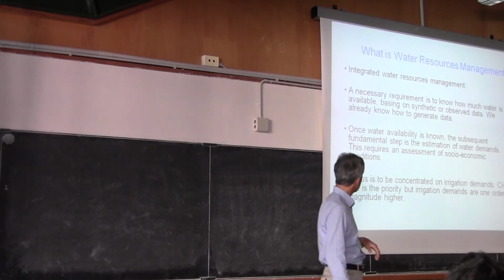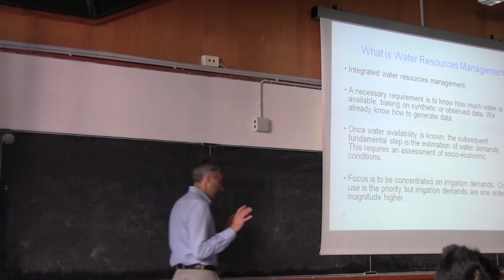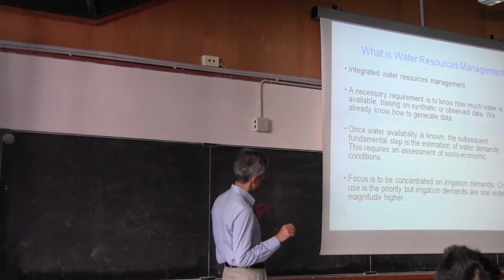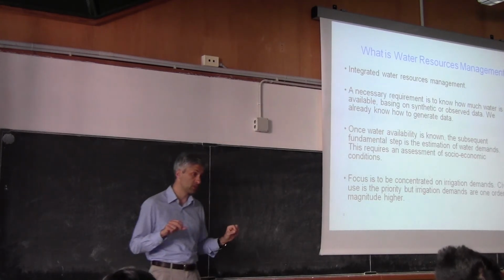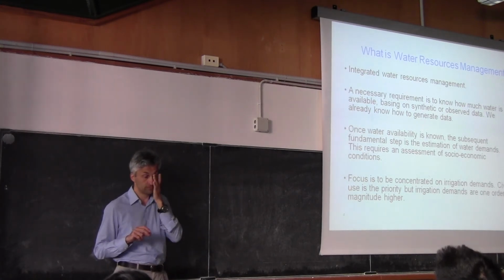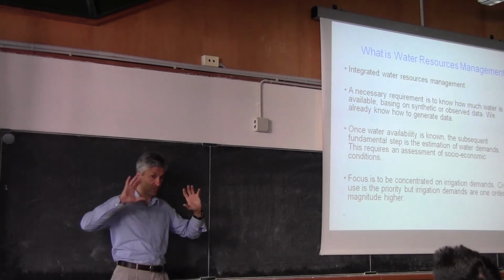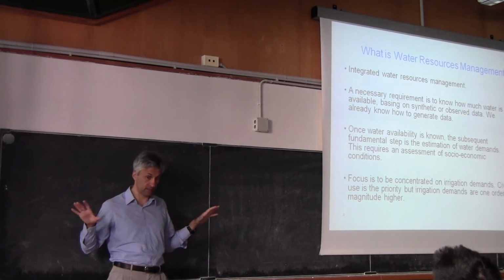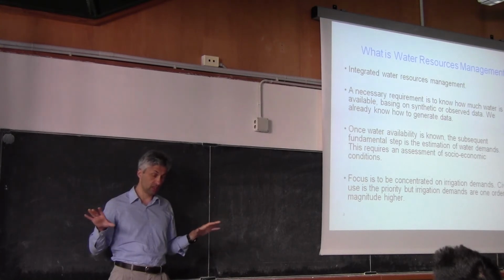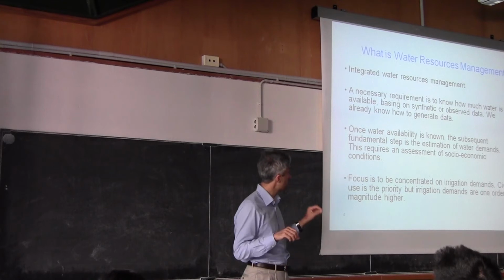Now, what is water resources management? From a technical point of view, let's say, first of all, that today we use this word integrated, which means that when you plan the use of water, you should consider water as a whole. You shouldn't separate different uses, and you shouldn't separate different problems.